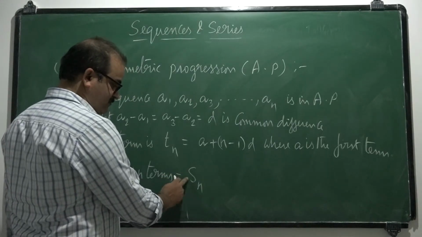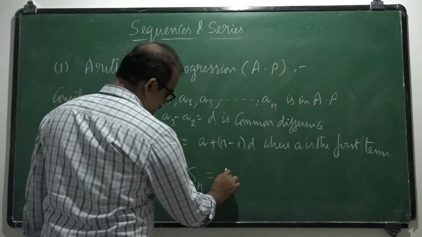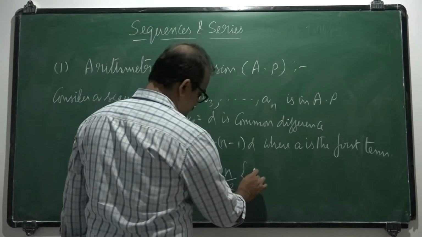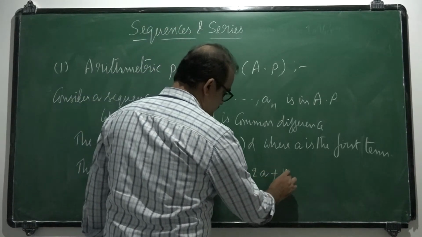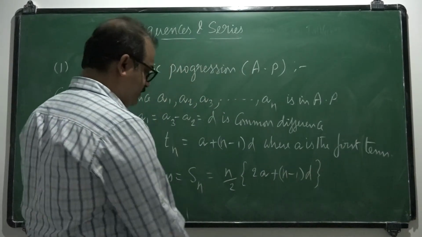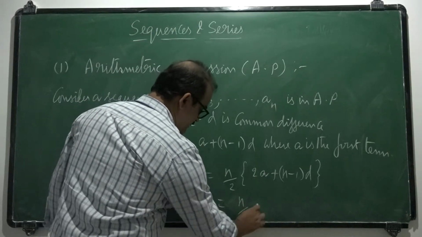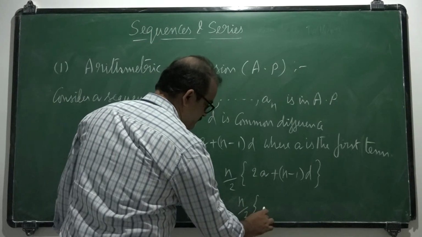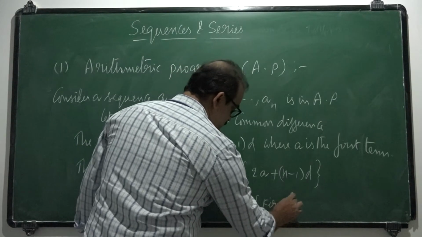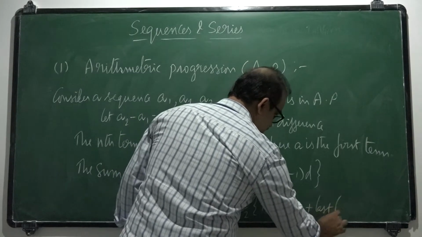Sn represents sum of the first n terms, that is n by 2 into 2a plus n minus 1 into D, or take it as n by 2 into first term plus last term.